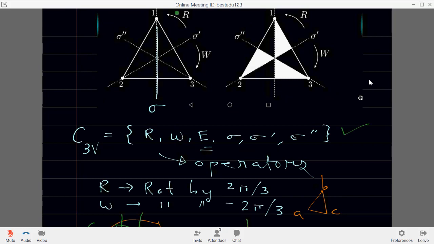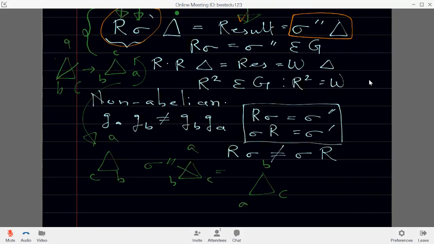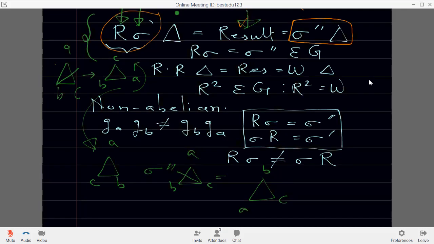I started with the triangle ABC and applied sigma prime, which is a reflection. If I reflect, does it become like this? Yes, C B, and then there is a rotation. Okay, I made a mistake here. Sigma double prime is here, so I should get A B A C, and here I'm getting A C B.